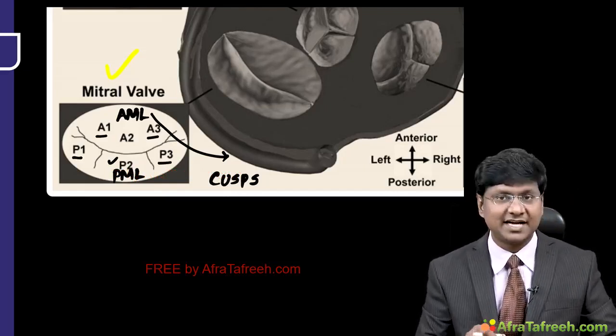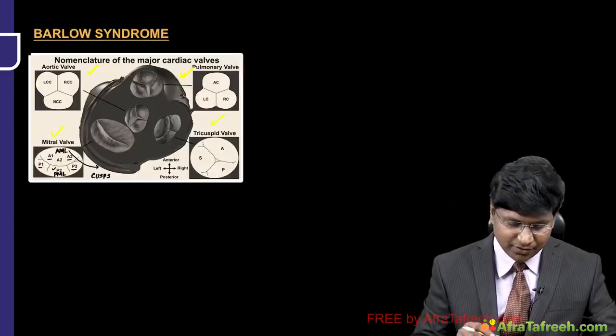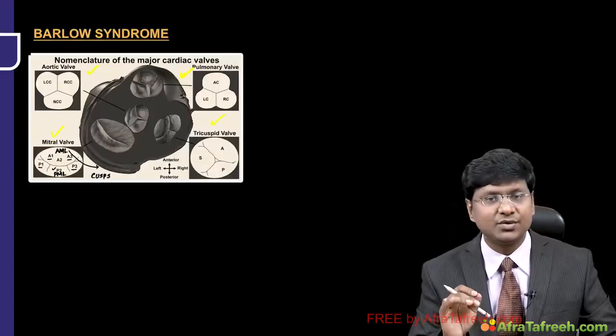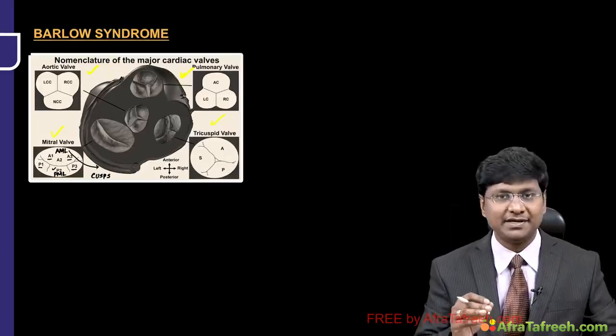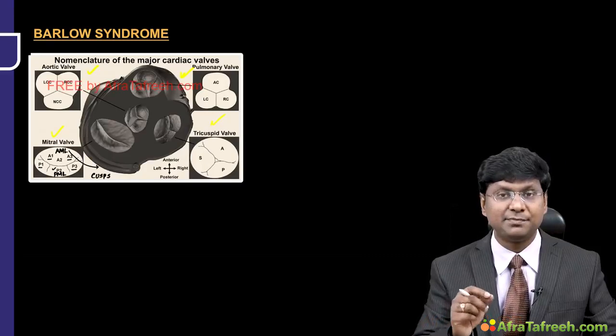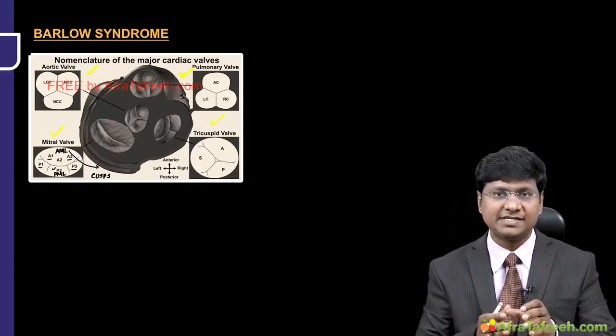These are the cusps within the AML and the PML. Now let me explain why it is called Barlow's syndrome. Most of the times, the cusp of the posterior mitral leaflet will prolapse into the left atrium during LV systole.